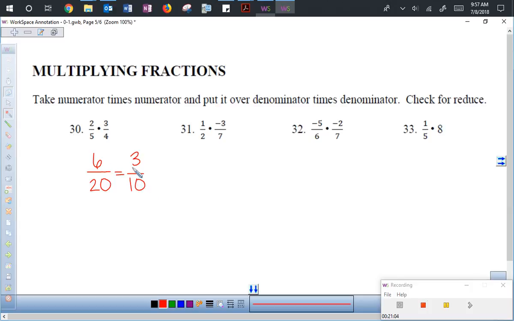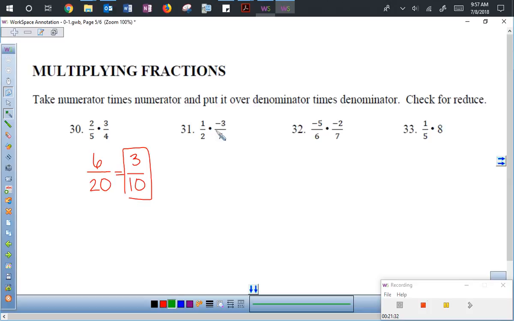If you were to put them into the calculator and get a decimal, you would get the same result. But this answer is the correct answer, because if we leave it like this, that's like writing your name without capitalizing your first letter. It's not complete. You need to simplify it all the way down. So 3 over 10 is our final answer, and we can box it.